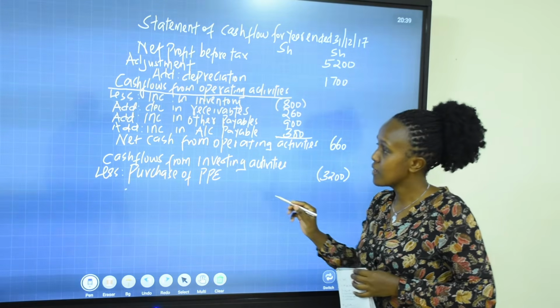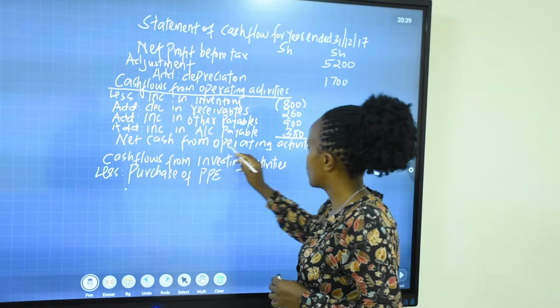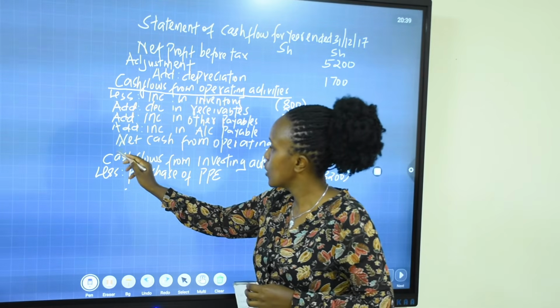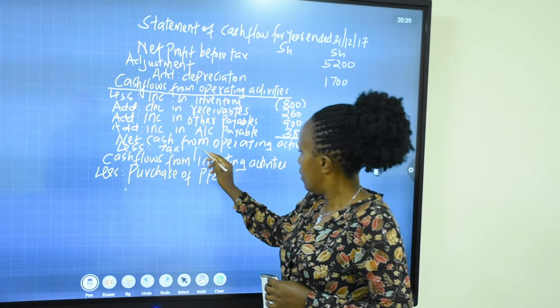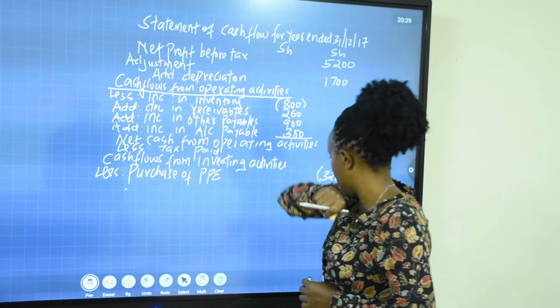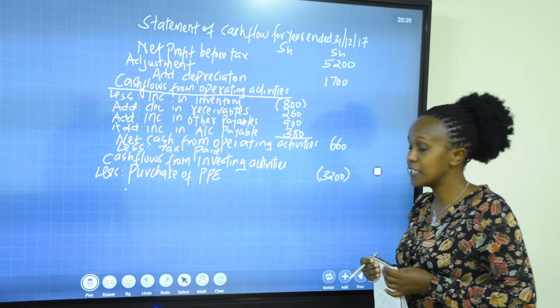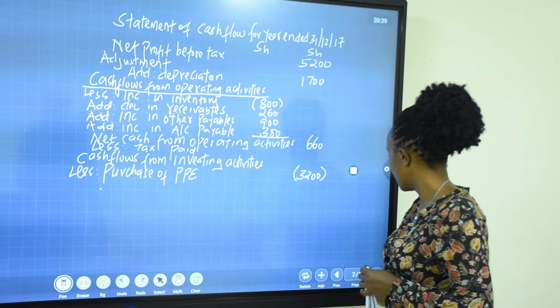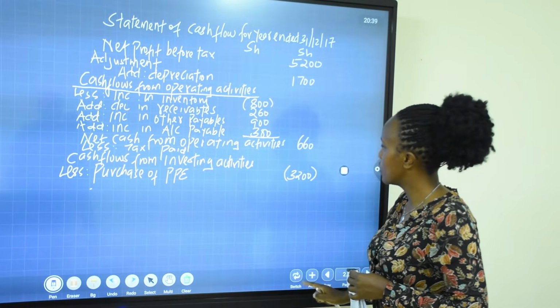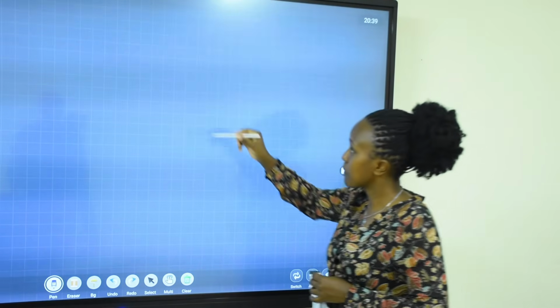This reminds me, at this point, after getting the cash from operating activities, we should less the tax that was paid. For the tax, we said we are going to do a working. Let me show you what we are going to do for the working on tax.